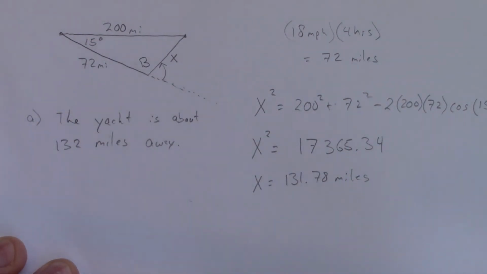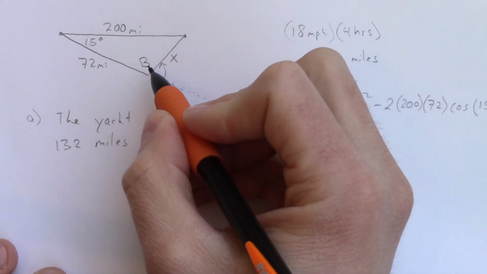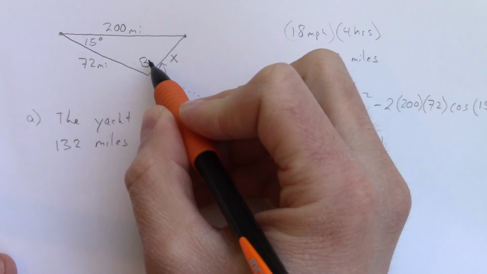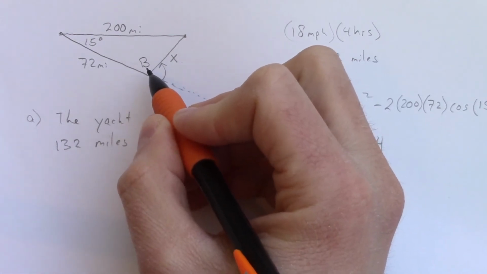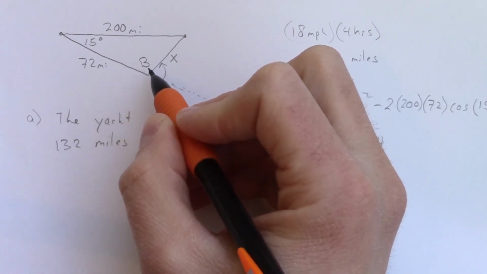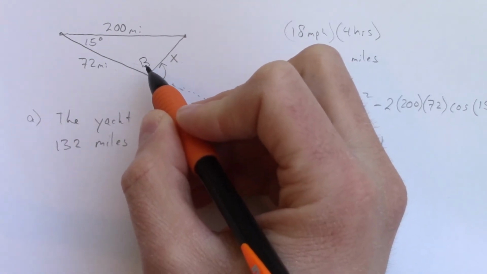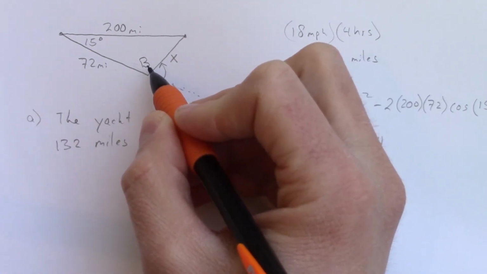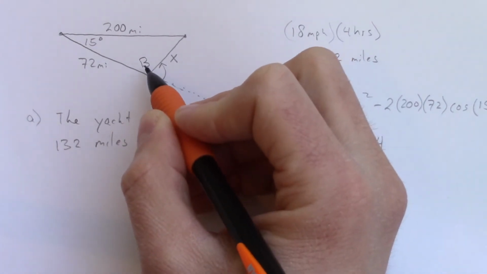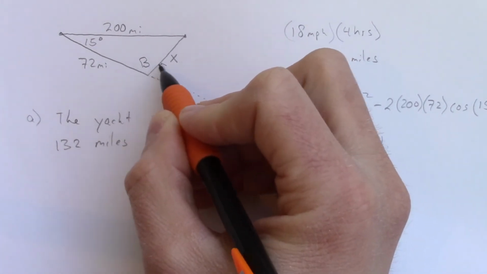If I use the law of sines and I try to find this angle, I have to remember that when I do sine inverse to find that angle, I can only get angles between negative 90 degrees and 90 degrees. And I made a video on that and I talked about finding the other angle there. Now this one looks like it would probably be obtuse.